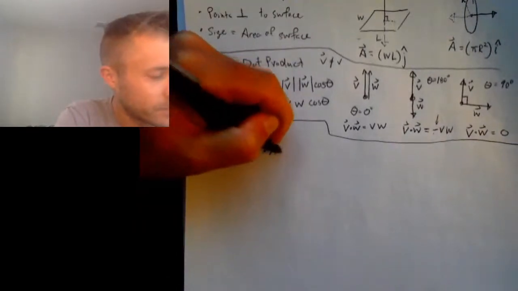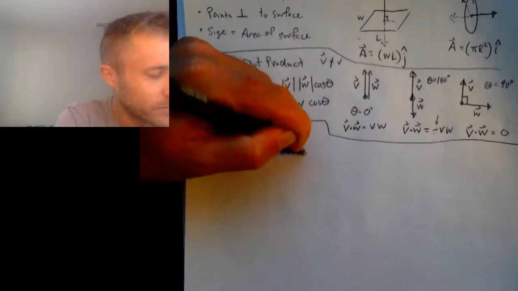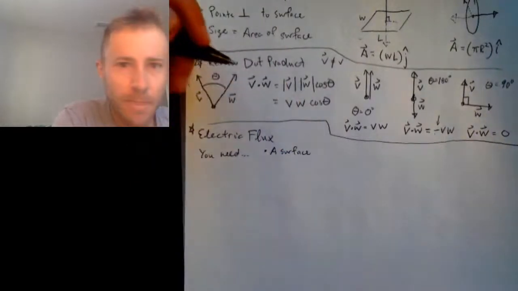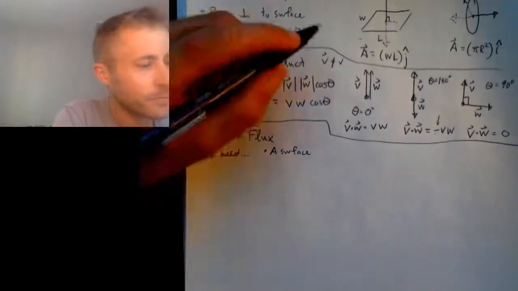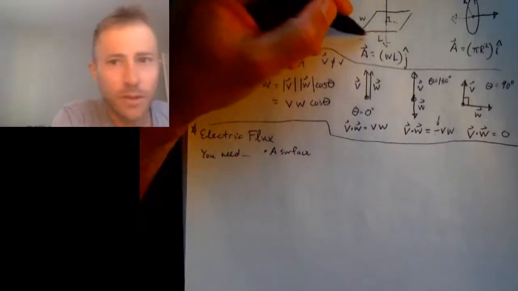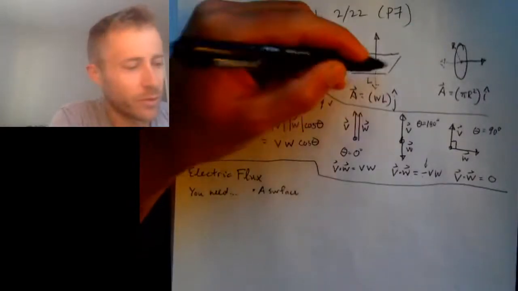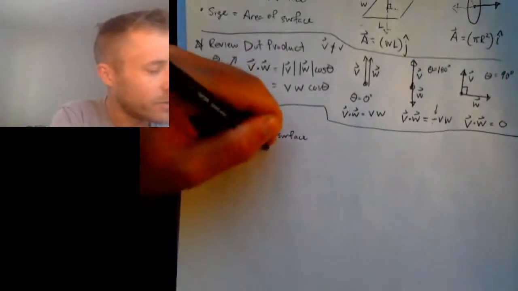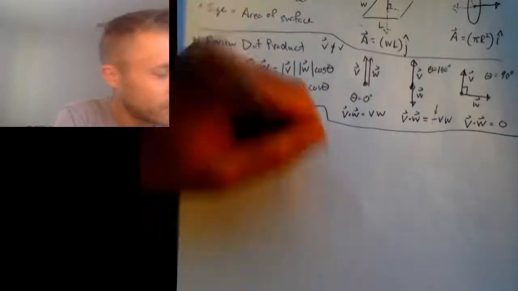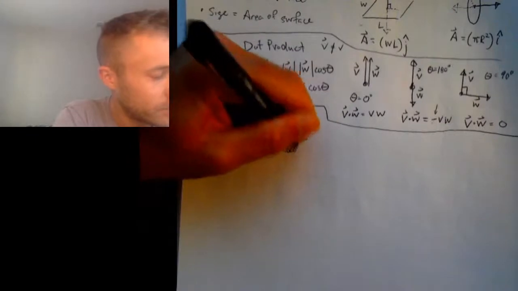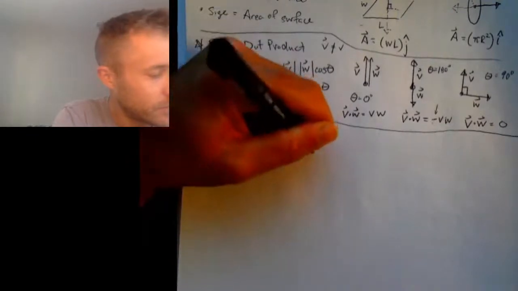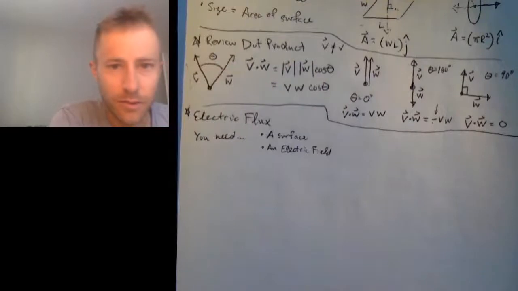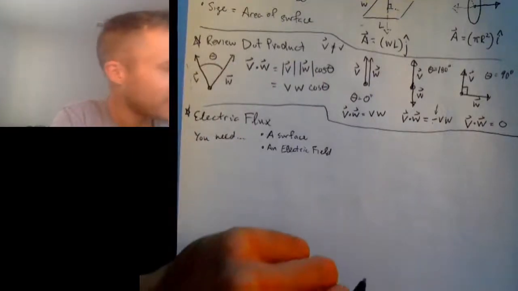You need a surface, okay? So, for example, this surface or that surface, and you need an electric field that is defined on that surface, okay?